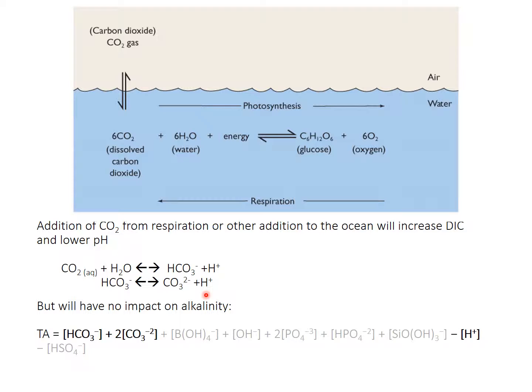Now, in this case, it won't have any impact on alkalinity, because we're adding to the ocean ultimately bicarbonate ions and carbonate ions, but we're also adding an equal amount of hydrogen ions. So adding CO2 to the ocean acidifies the ocean, but doesn't affect its capacity to neutralize that acid.